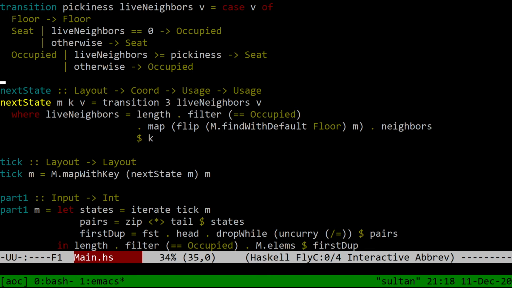So what I'd like is a transition function, or a next state function, that is, as I said before, parametric, that takes in a way to decide who your 8 neighbors are. But it's really tricky, I think.